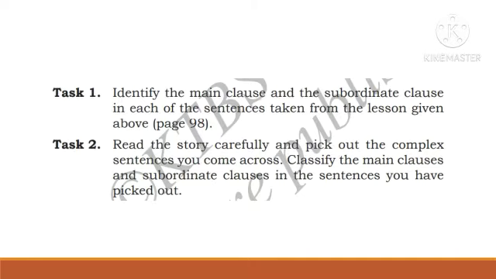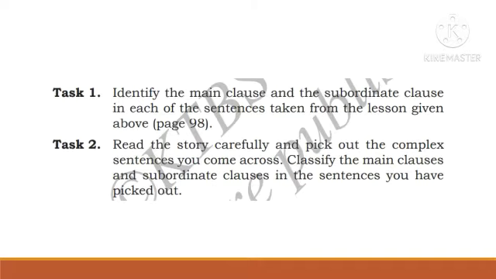The first one is to identify the main clause and the subordinate clause in each of the sentences taken from the lesson given above, that is page 98. Just read those sentences. Okay, identify which are the main clauses and which are the subordinate clauses.